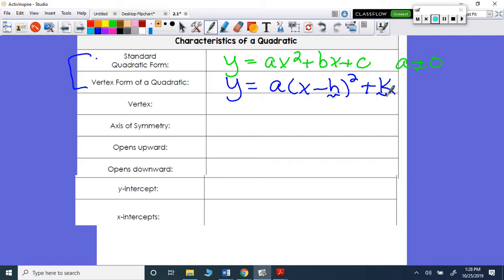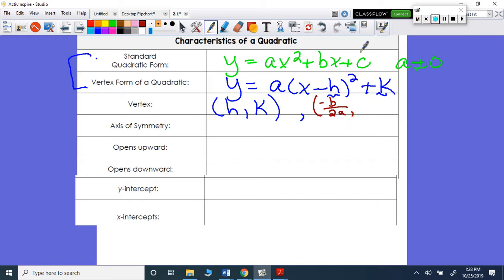In the vertex form, h and k are the actual vertex. H gets the opposite sign when you pull it out. If it's in standard form, you can find it by taking the opposite of b over 2a.